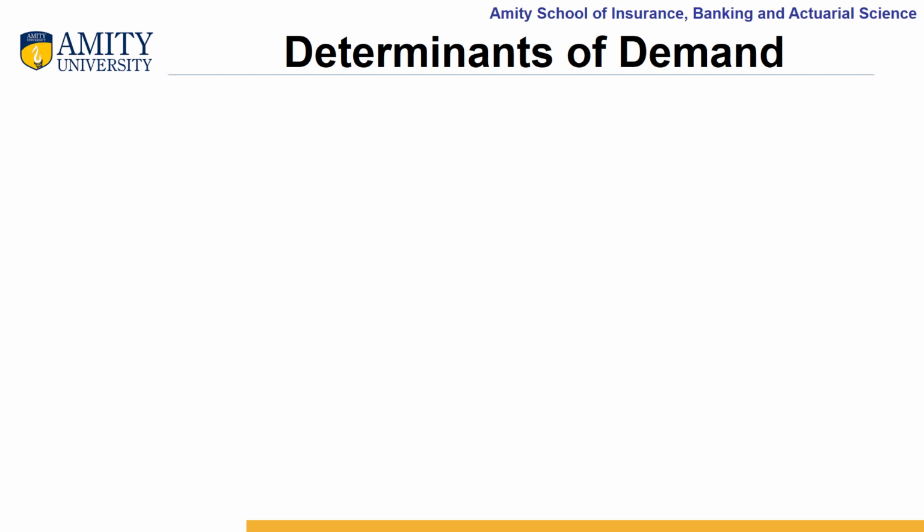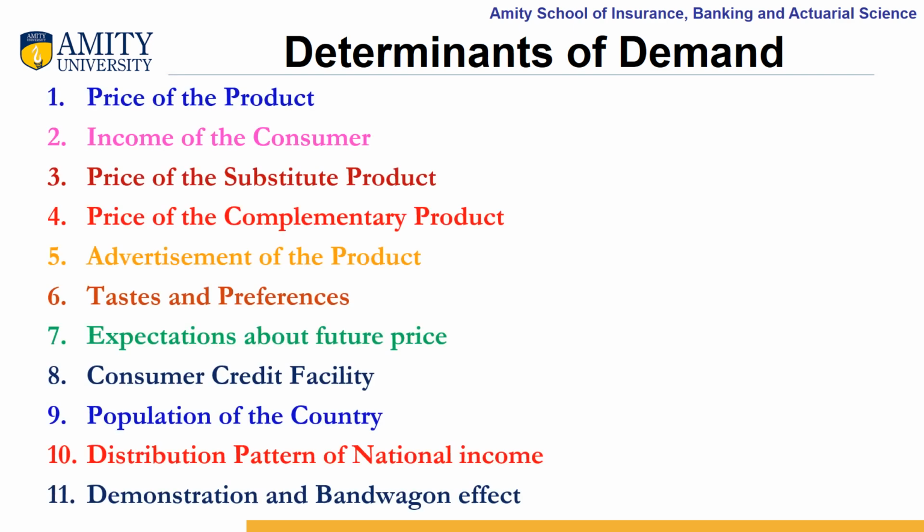So the determinants of demand could be price of the product, income of the consumer, price of the substitute product, price of the complementary product, advertisement of the product, tastes and preferences, expectations about future price, consumer credit facility, population of the country, distribution pattern of national income, demonstration and bandwagon effect, or there can be more factors which can determine the demand of a specific commodity. So let us understand these determinants one by one.